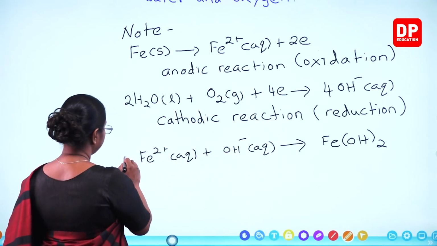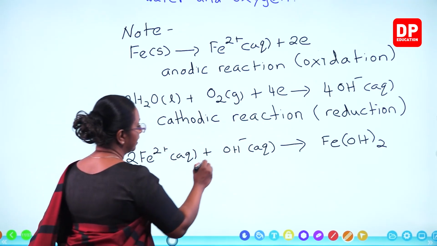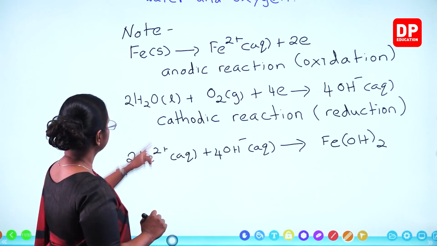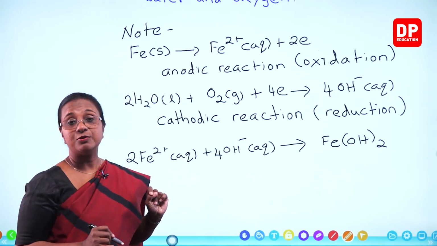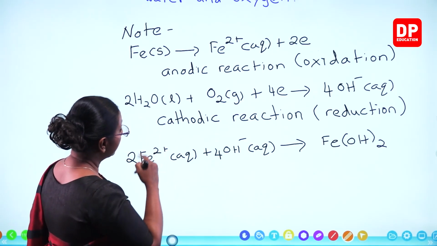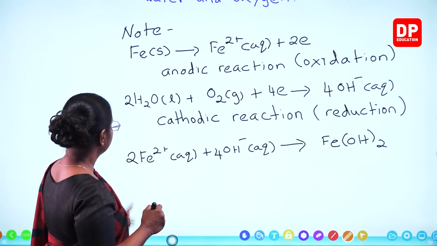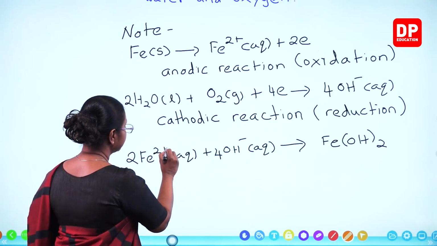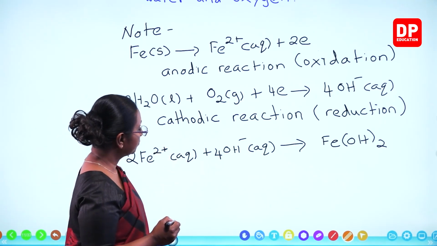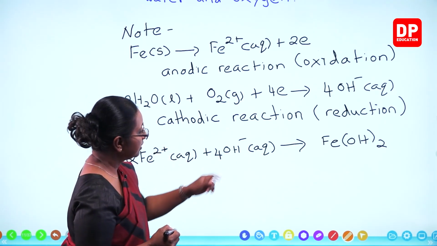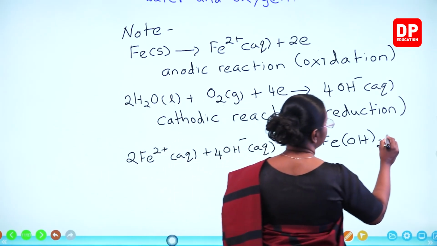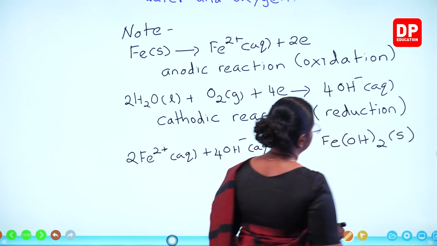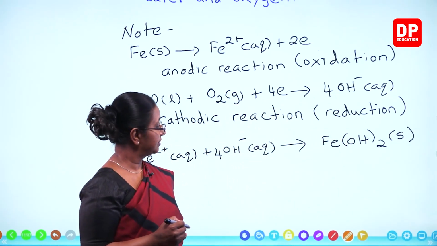So here if we take 2 Fe2+ and 4 OH-, we need to multiply the first equation, that is the anodic reaction, by 2. So number of electrons becomes 4. So 2 Fe2+ aqueous plus 4 OH- aqueous gives rise to Fe(OH)2. That is also solid.